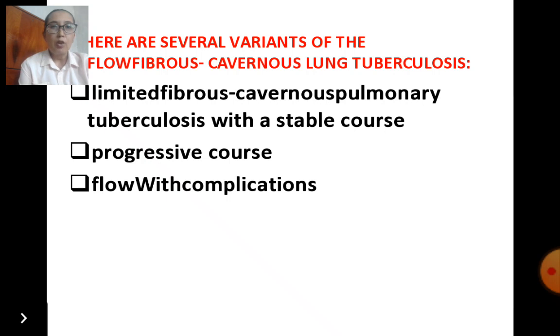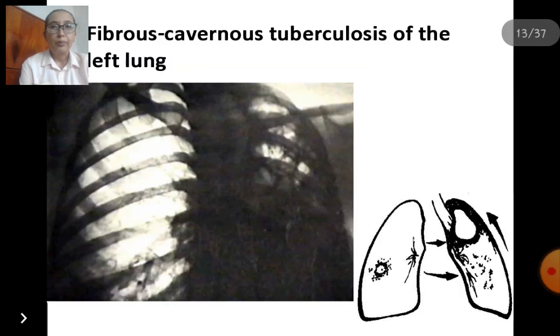Here are the several variants of fibrous cavernous lung tuberculosis. It is limited fibrous cavernous pulmonary tuberculosis with a stable course. It is a progressive course and a flow with complications.